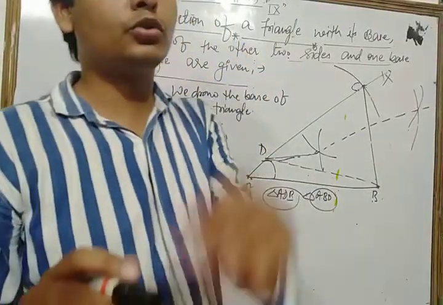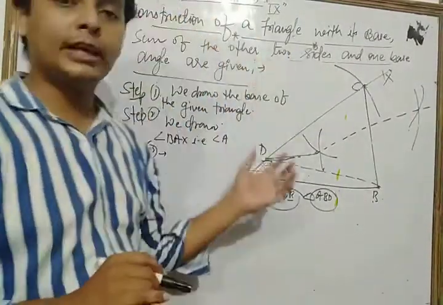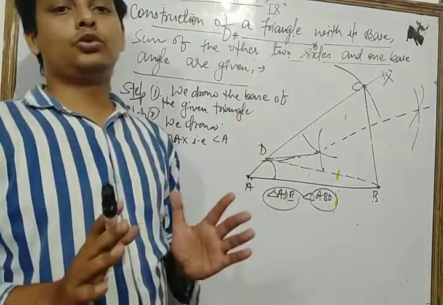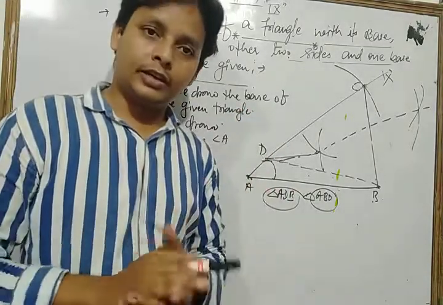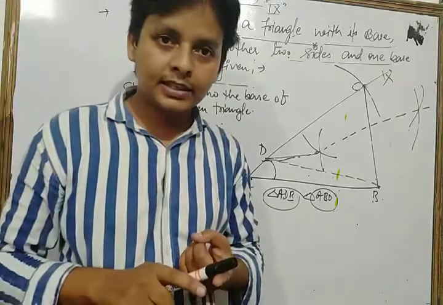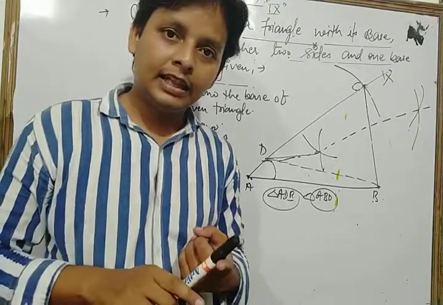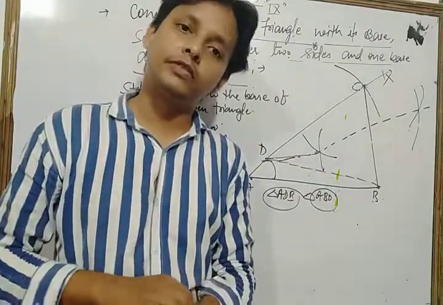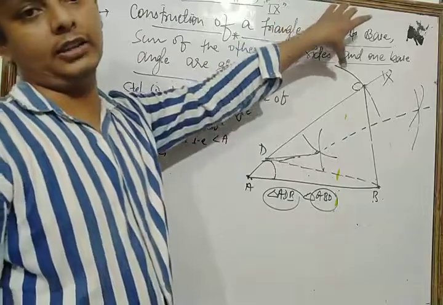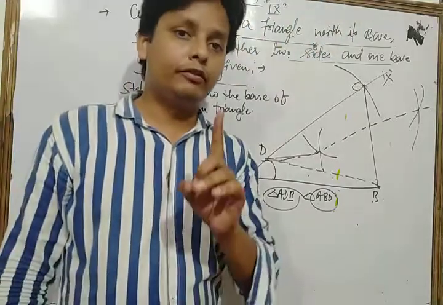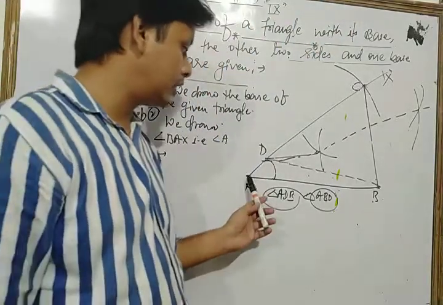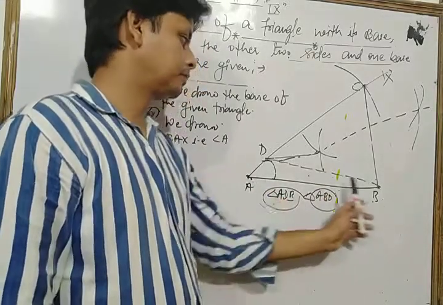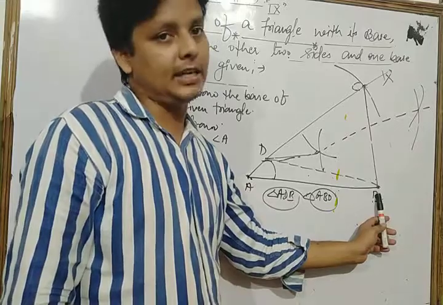This is a very important topic, so once more we discuss it. Dear student, in order to construct a triangle when its base, one base angle and the sum of the other two sides are given, first of all, in the first step, we draw the length of its base, that is AB.